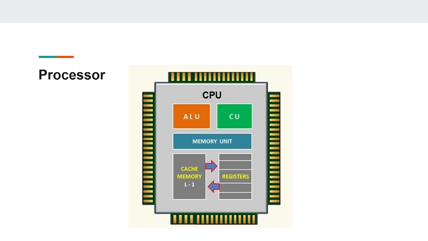If it is 11, which is 3, then add could be the operation that has been assigned to the processor. So like this, every processor will have some operations assigned to it.